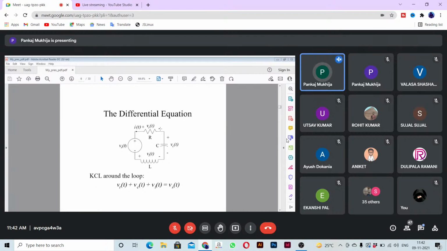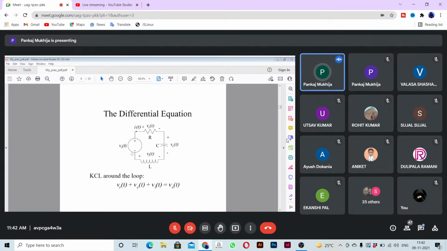So let's consider this series RLC circuit only. We have R, L and C, and the source voltage is Vs, the voltage across the resistor is VR, the voltage across the capacitor is VC, and the voltage across the inductor is VL. So we can write KVL.